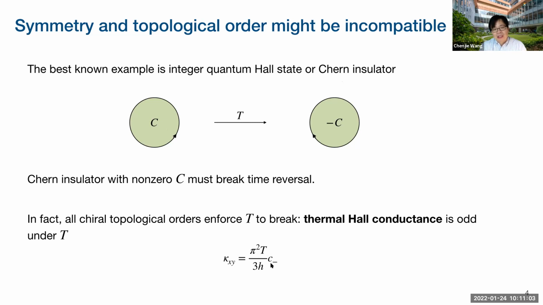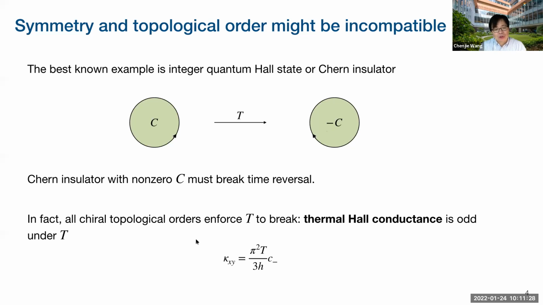But for non-abelian anyons, which are the building blocks of the topological quantum computer, this c minus can be a fractional number. For example, the well-studied 5/2 state in quantum Hall states, the c minus is always a multiple of 1/2. And this thermal Hall conductance is also odd under time reversal symmetry.